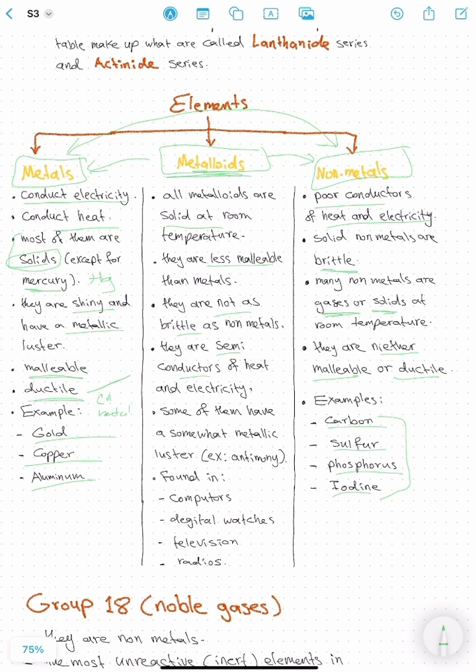Some of them have a somewhat metallic luster just like metals, but as we said, less, such as antimony. Antimony is a metalloid. They are found in computers, digital watches, television, radio, anything related to technology. So this was the difference between the three types of elements that we have in the periodic table.